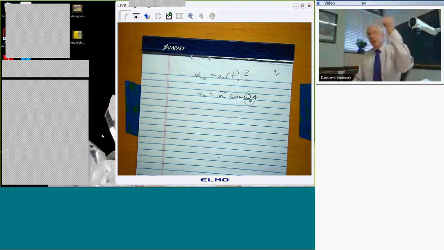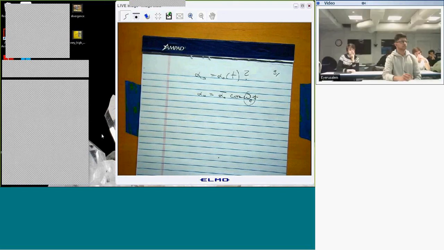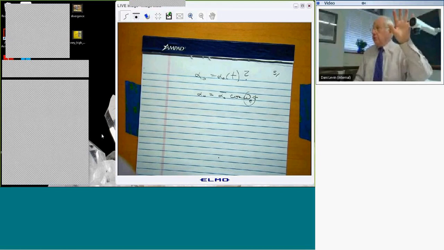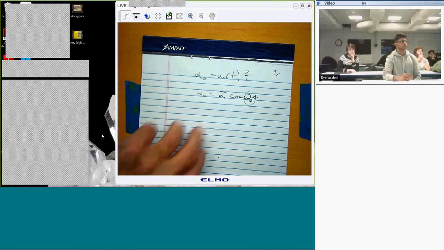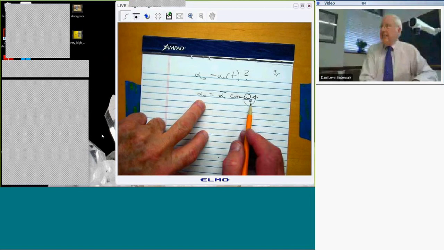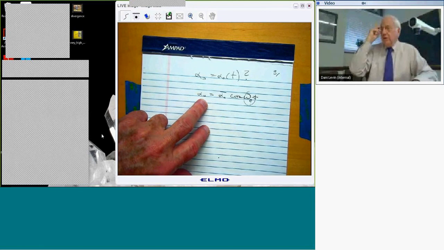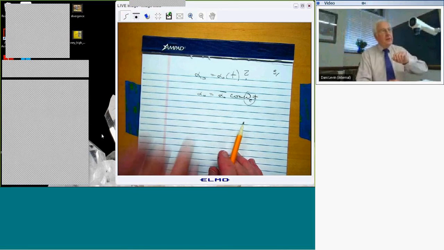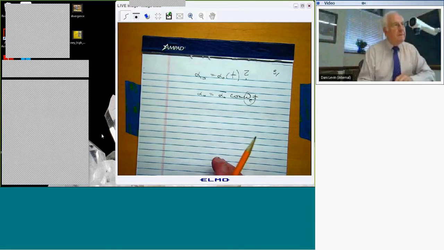Omega sub alpha is the linear natural frequency, but omega sub E is how I'm exciting the system by some external agent. So you can think of E as standing for external or excitation, or both: external excitation.